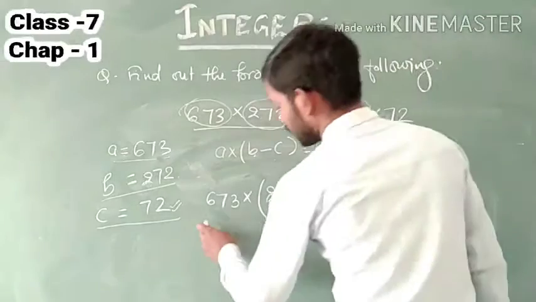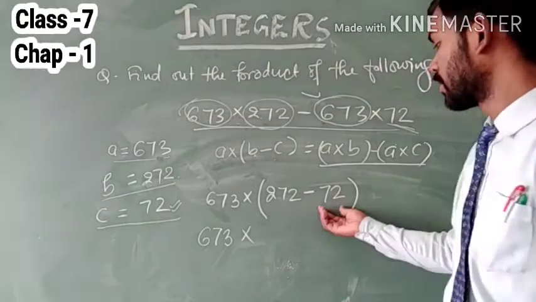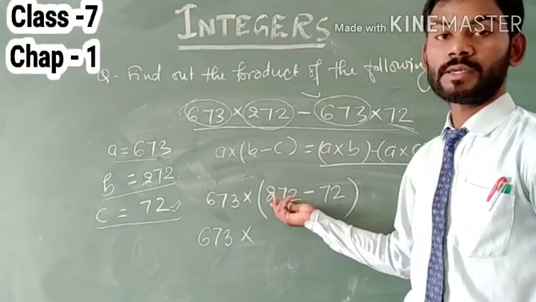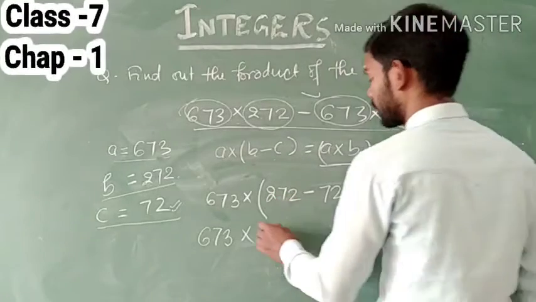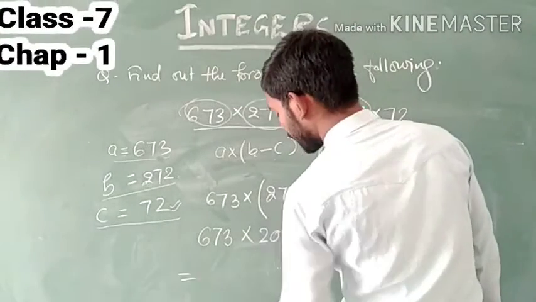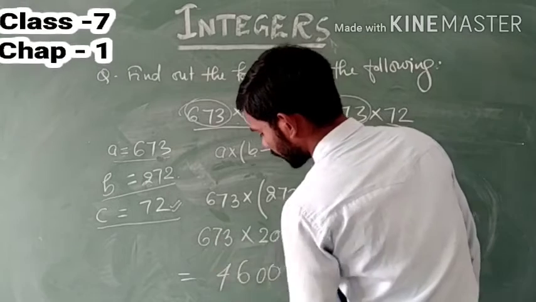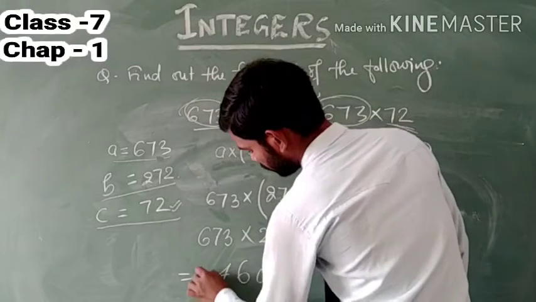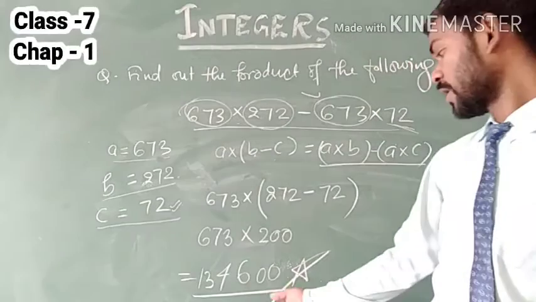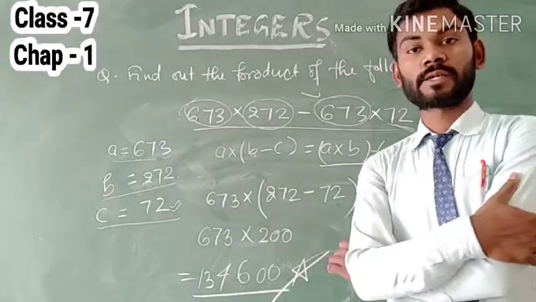So here we write 673 multiplied by, here 72 will be subtracted from 272, we get 200 only, and now multiplying, we get 2 3s are 6, 2 7s are 14 and 2 6s are 12. Okay, therefore 1,34,600 is the right answer.